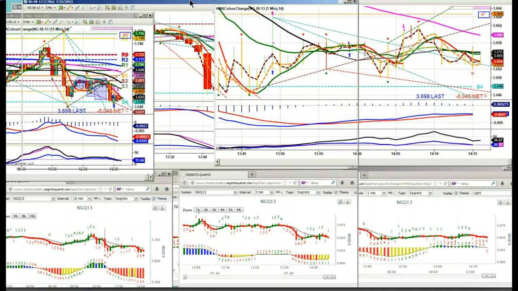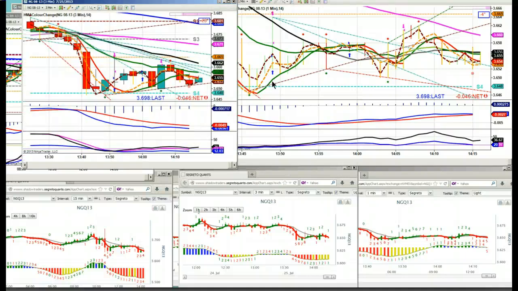The rules are the rules once you learn them. What I find is hard for people is teaching them the discipline. Discipline is very hard at first to master because we get caught up in the emotion of the market and we become mesmerized and hypnotized by price and volume and the HMA. That's really the issue here.